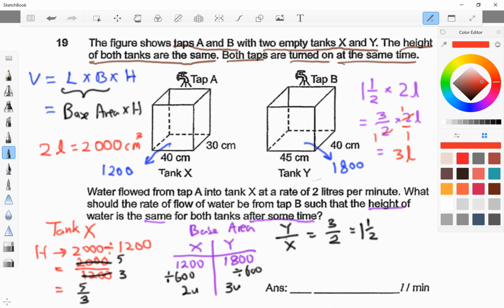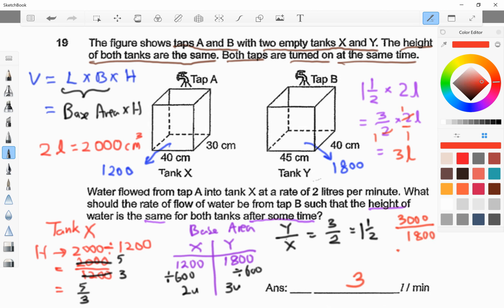And of course, I'm not just satisfied with the answer, I have to work it out. If I ask myself what will be the height of water every single minute for tank Y, the height would actually be 3000, the amount of water that goes into tank Y, divided by the base area of 1800.